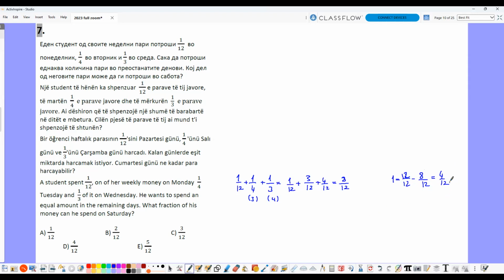Then if he has 4/12 and there are 4 days, each day he should spend 1/4 of it, which is 1/12. But mathematically you can show it like this: 4/12 divided by 4.